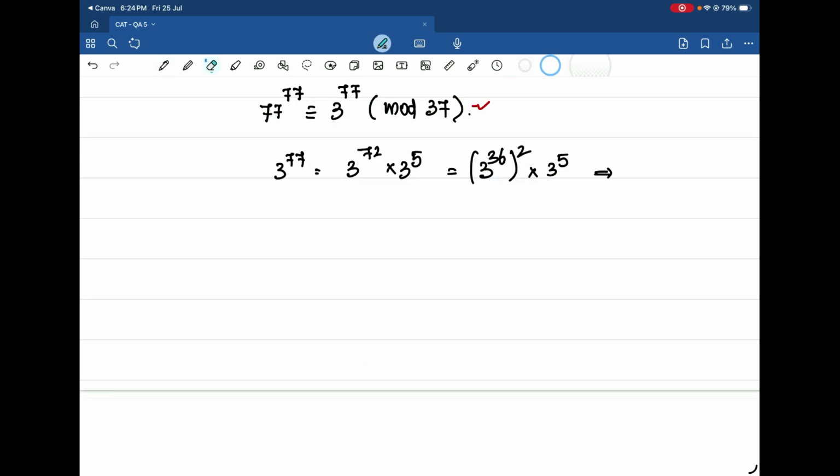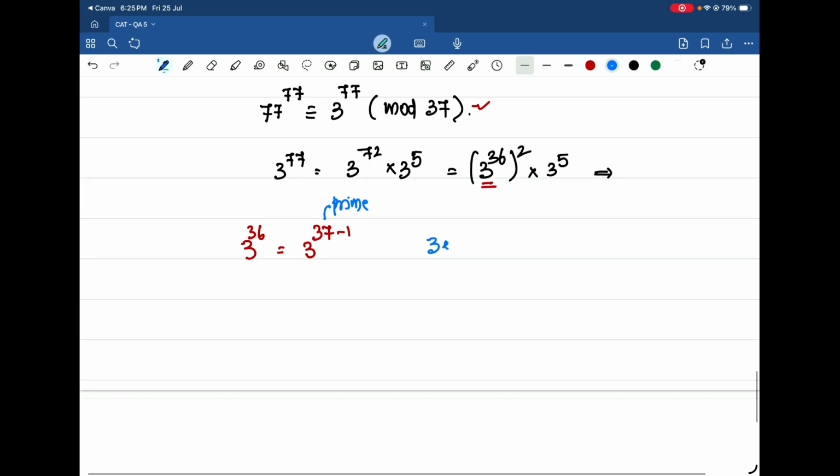Here I want to explain one theorem applicable to find 3 to the power of 36. 3 to the power of 36 is equal to 3 to the power of 37 minus 1. 37 is a prime, and 3 and 37 are co-primes.